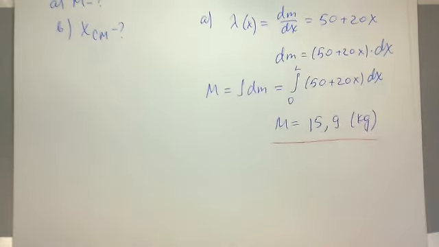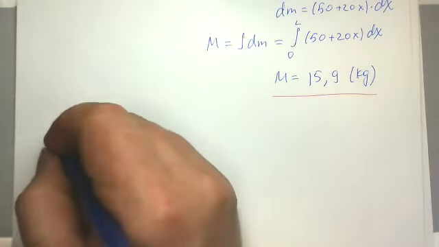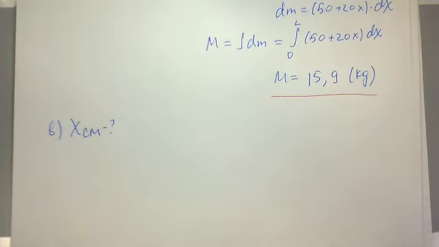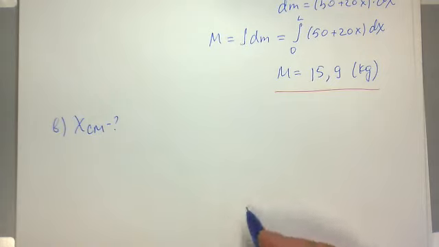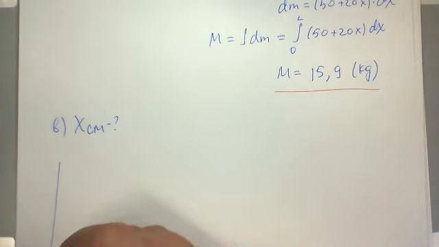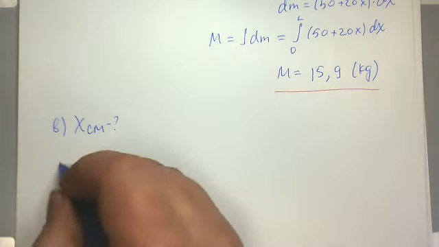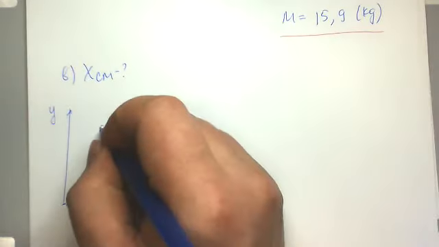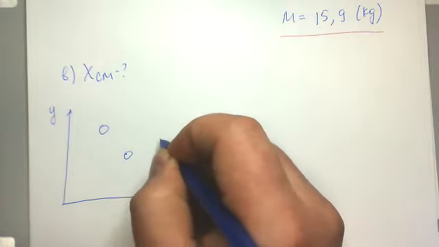And the final part of the question, we need to find the center of mass coordinate. So let me briefly remind you, if you have some coordinate system like that, and you have a system of several particles like this, like this, like this.